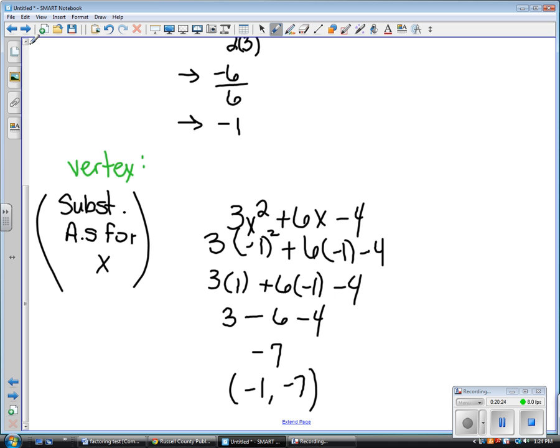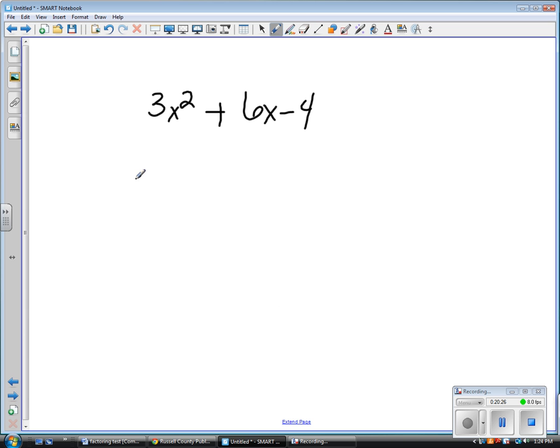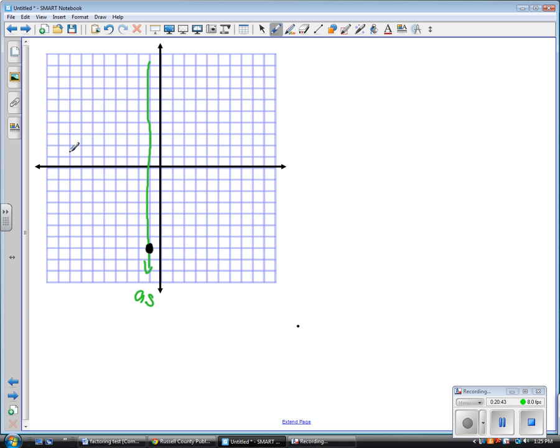Okay, everybody good there? Alright. Now, the next thing I can find is my y-intercept. What's my y-intercept? -4. So that point looks like 0, -4, correct? So let's go to our graph.